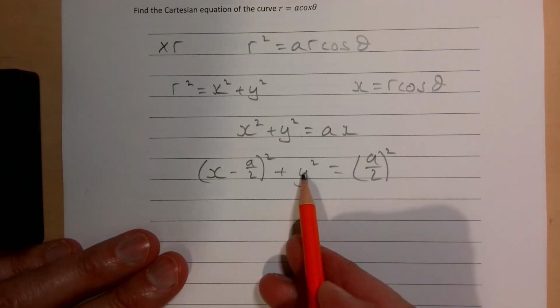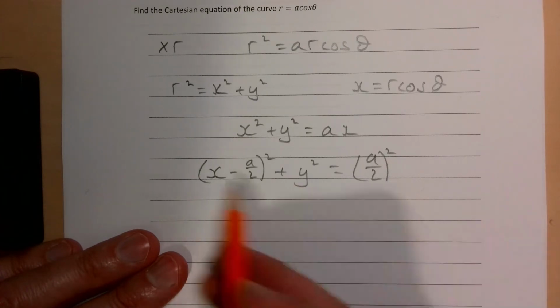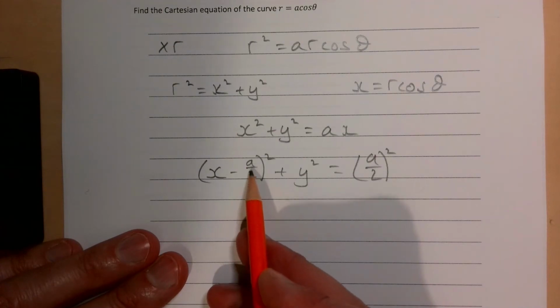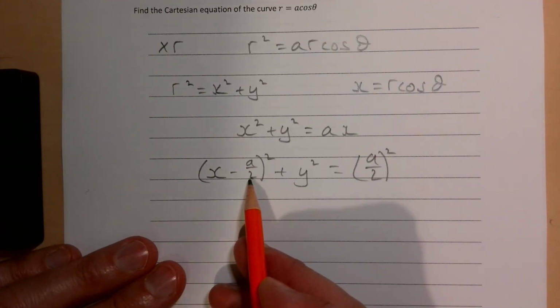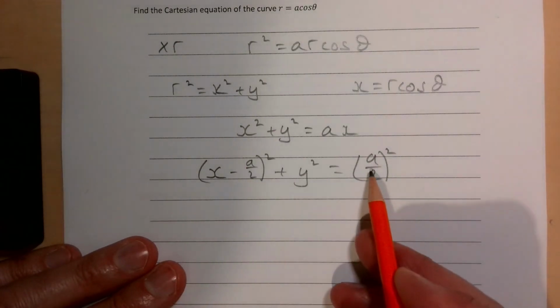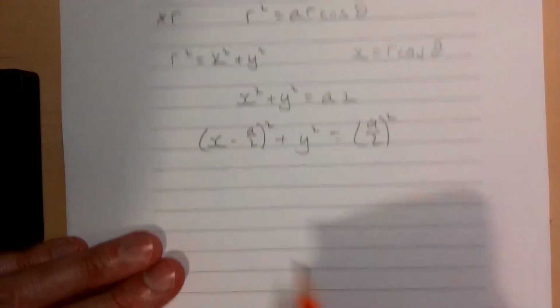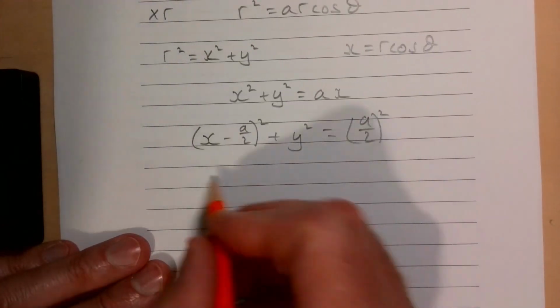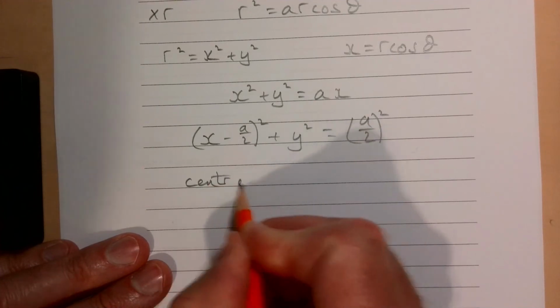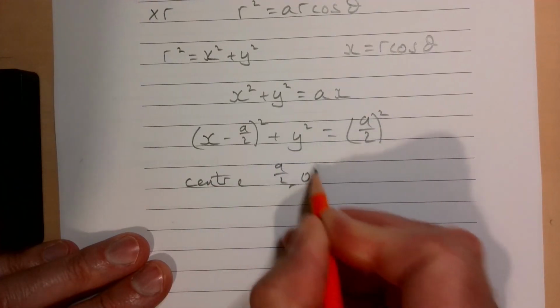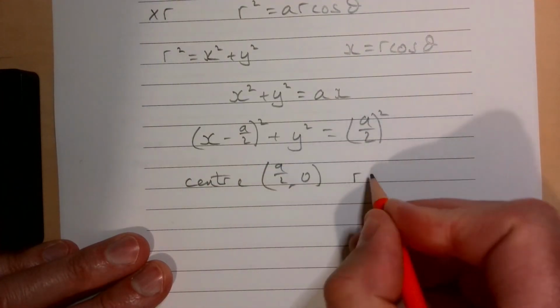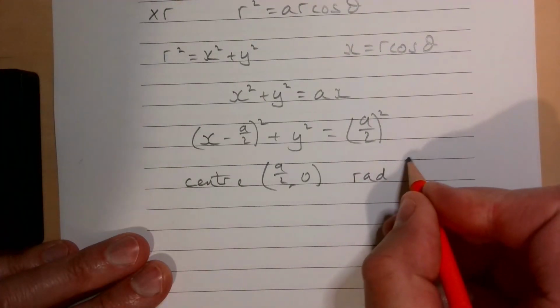The y coordinate is going to be 0, and the x coordinate is a over 2, and the radius is also a over 2. So this is a circle with center a over 2, 0 and radius a over 2.